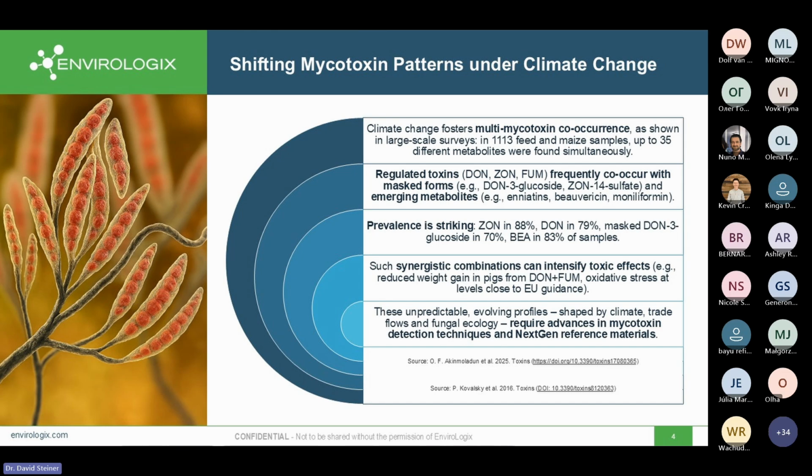And to make things even more complicated, there is an increasing challenge with this co-occurrence of multiple mycotoxins in the same sample. Large surveys show that climate change is creating complex contamination patterns with a mixture of regulated toxins like zearalenone, deoxynivalenol, fumonisins, and the so-called masked mycotoxins, such as deoxynivalenol 3-glucoside, as well as emerging mycotoxins like enniatins and beauvericin.